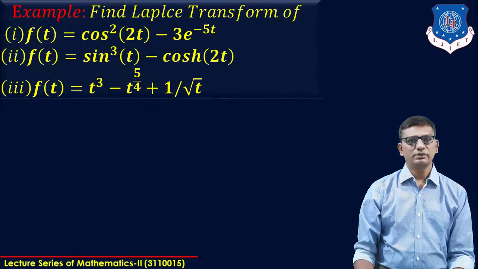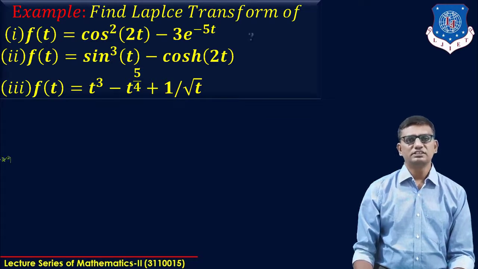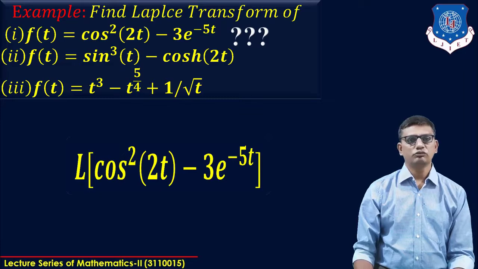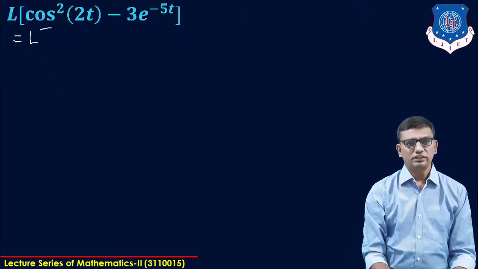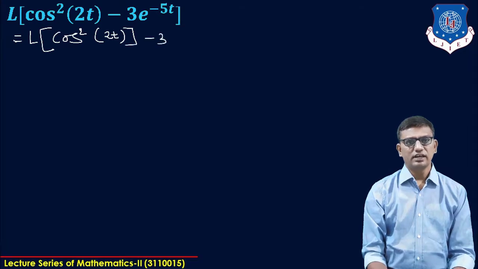Here these are our examples of continuous functions, and we will apply the direct formula of Laplace in these examples. Let us see the first example, Laplace of cos square 2t minus 3 e raised to minus 5t. Here we separate the Laplace, then we get Laplace of cos square 2t minus 3 times Laplace of e raised to minus 5t.